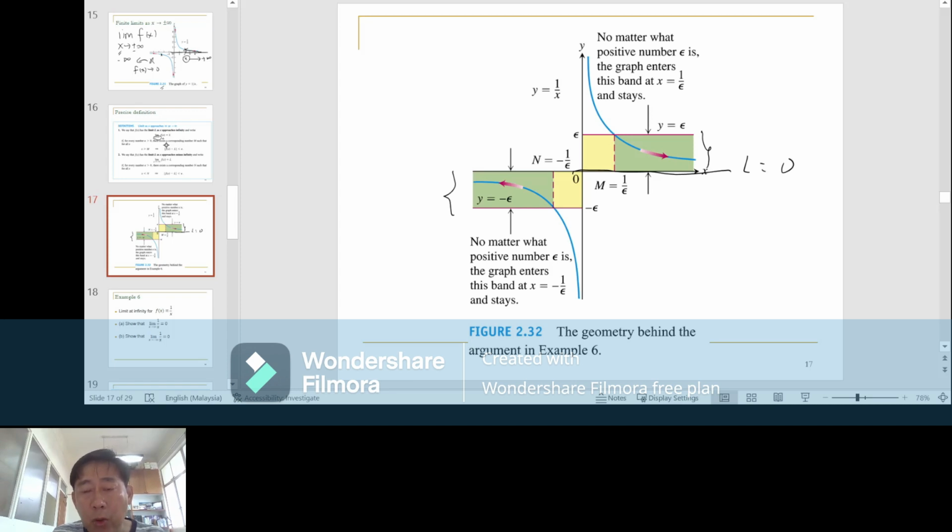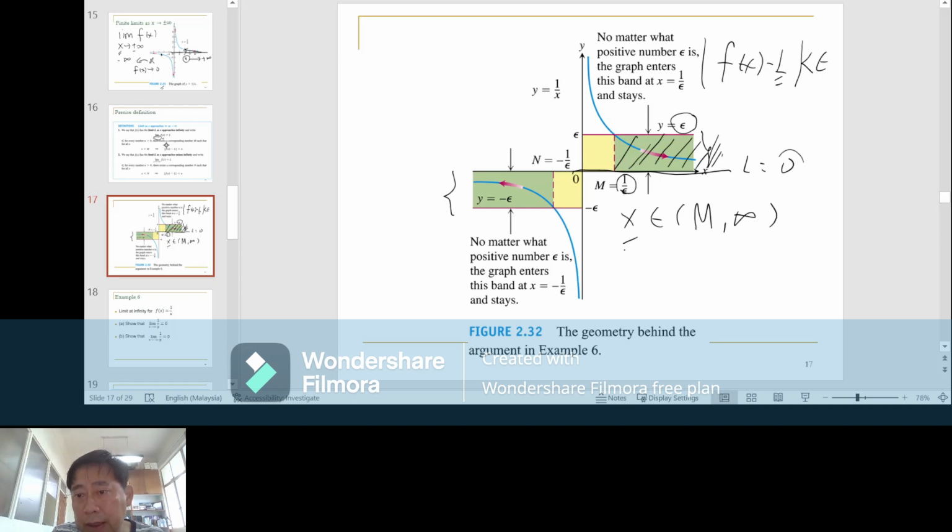So you can show here that given any epsilon value, as long as x is lying between m and infinity, basically the region that is shaded in green, where the value of m is 1 over epsilon, then you would be sure that for all values of x that lie in this region, |f(x) - L| is always less than epsilon, where the L here is 0.